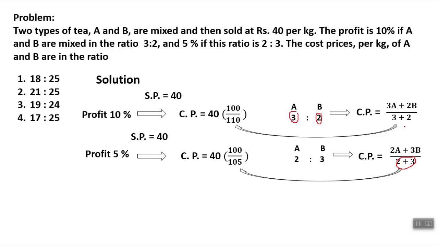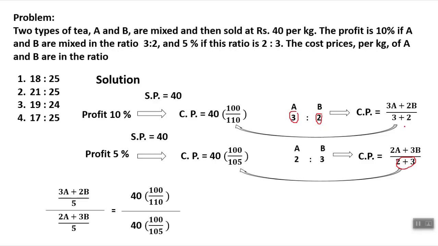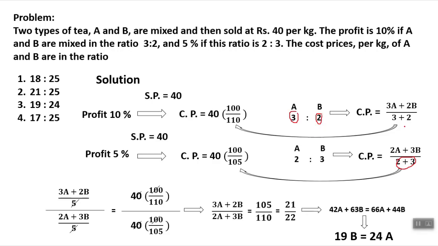If you take the two ratios, the right hand side ratio and the left hand side ratio, see how many things begin to cancel: 40, 100, 5, and so it becomes a very simple looking fraction now. And even 105 over 110 is nothing but 21 over 22. You simplify this, rearrange, and you end up with 19b equal to 24a, or a to b must be 19 to 24.